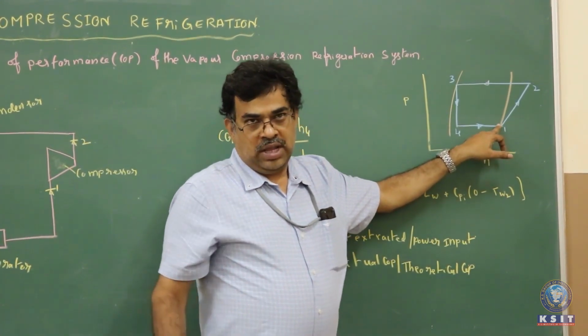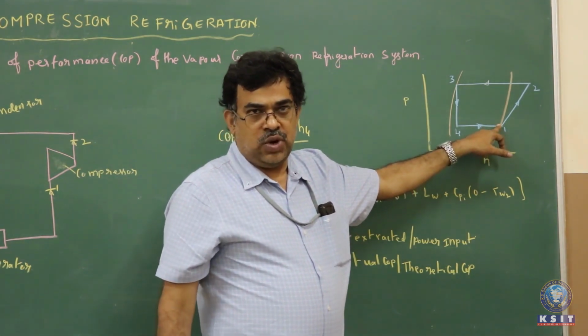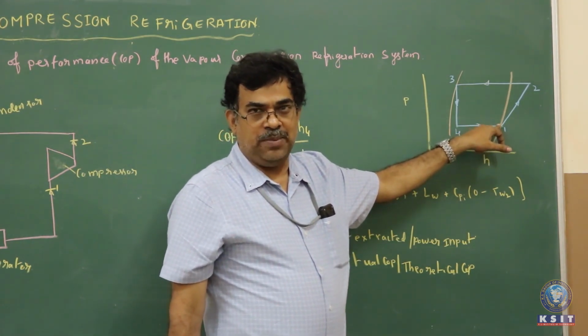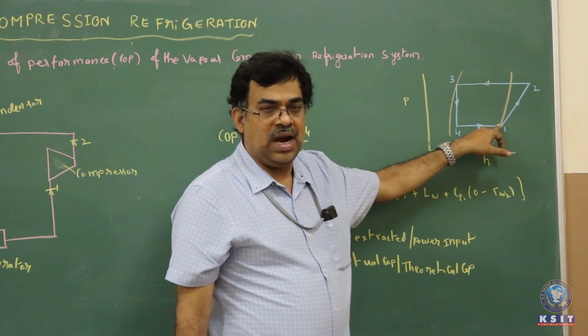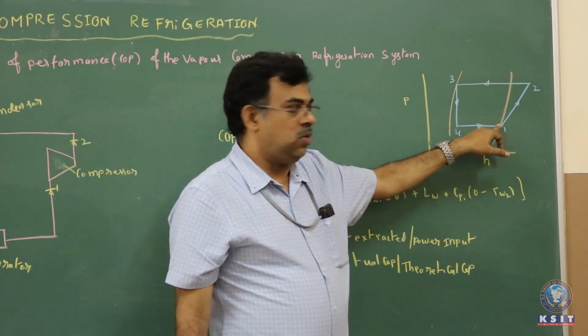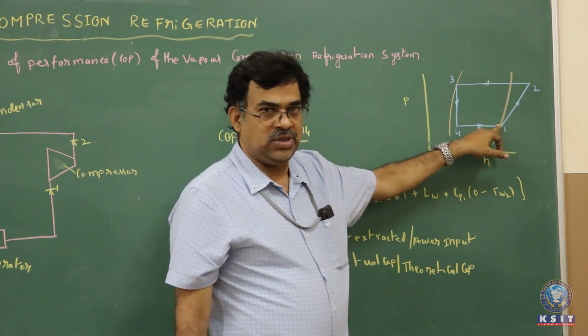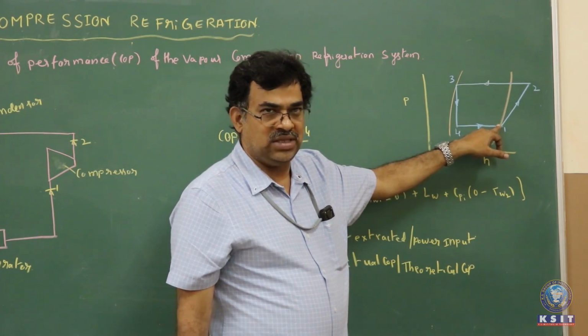Now process 1-2 is the isentropic compression. It is a reversible adiabatic process, so the entropy remains the same.